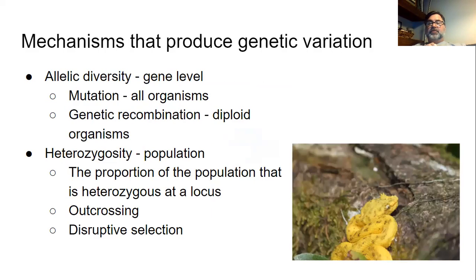Mechanisms that produce genetic variation depend on which level you're looking at. So at the level of the gene or the locus, you have allelic diversity. If you look at a population and look at the alleles that are out there, allelic diversity is how many alleles are out there for any particular locus.